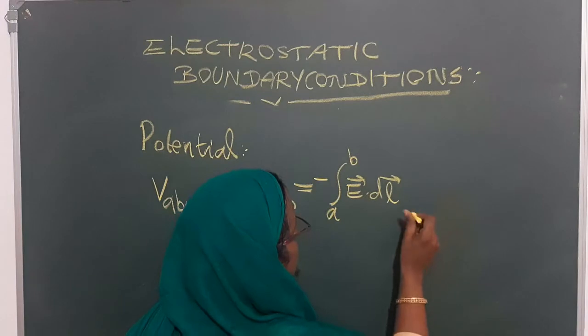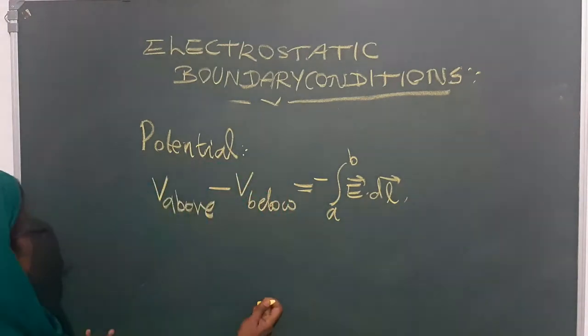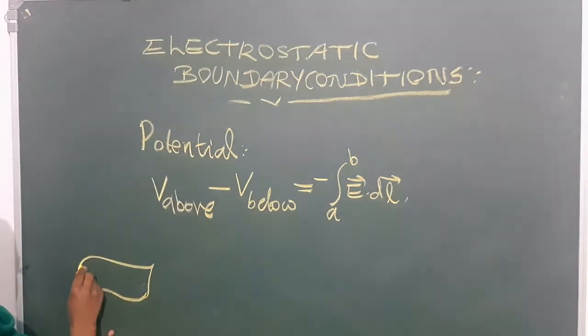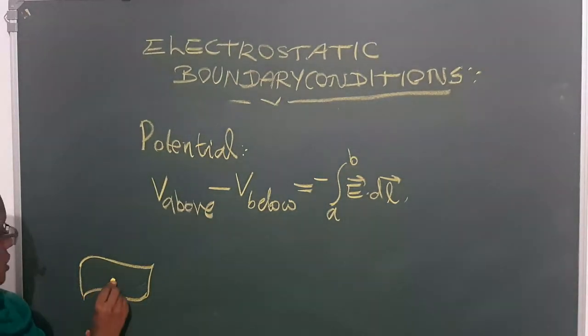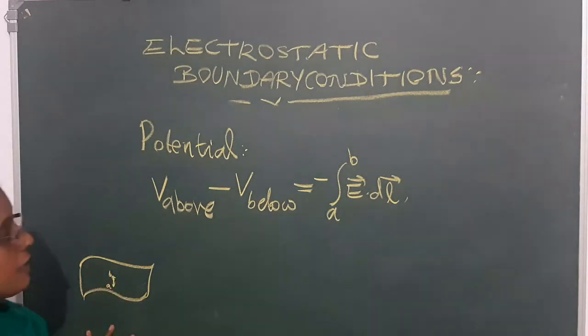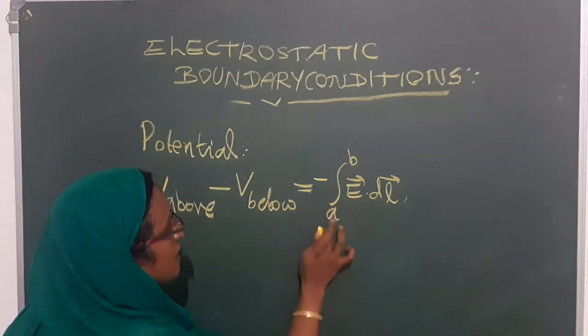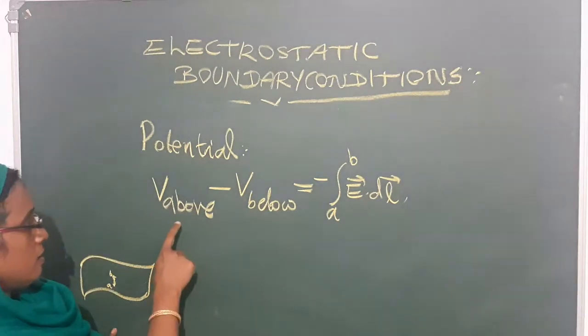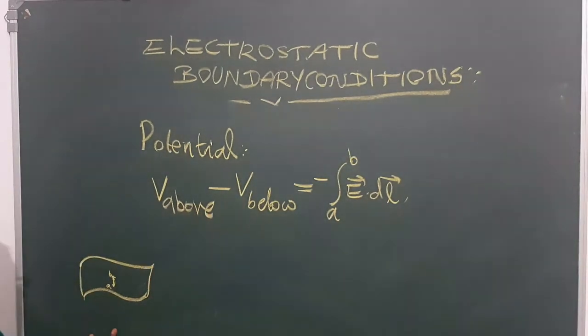That means if there is a surface like this, we take a line crossing the surface. This is A and this is B. Then minus integral A to B of E dot dl gives us V above minus V below.